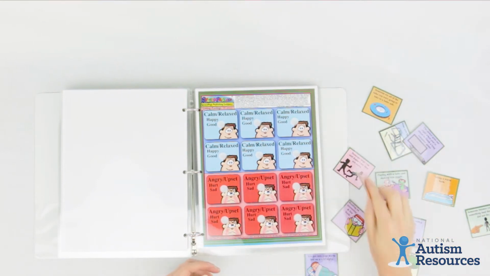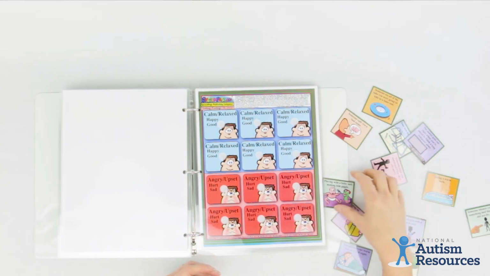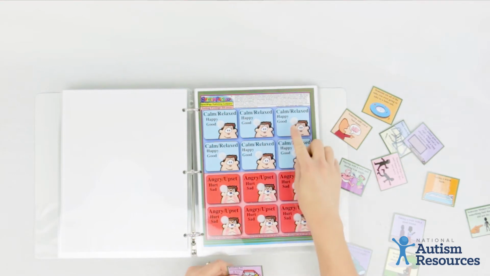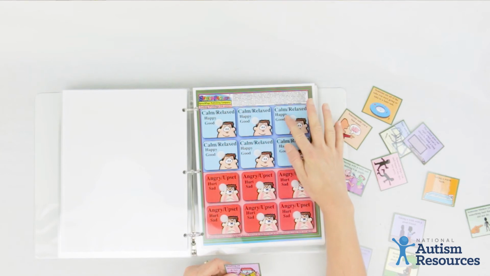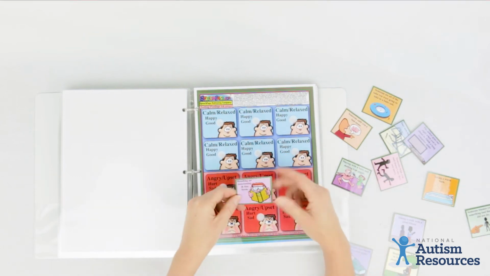And then you're going to present the scenarios to your student and ask them, is this going to make you feel calm and relaxed, angry, upset? And we have some other words that you could use for calm: relaxed, happy, good, right? Angry: upset, hurt, sad.